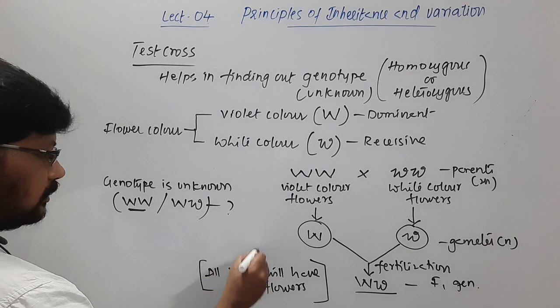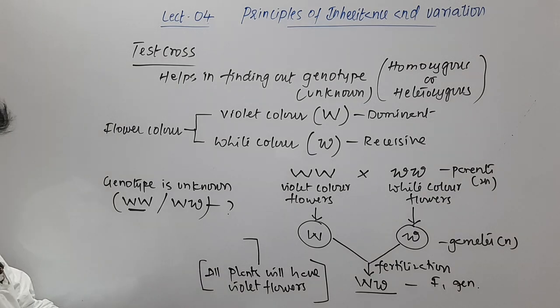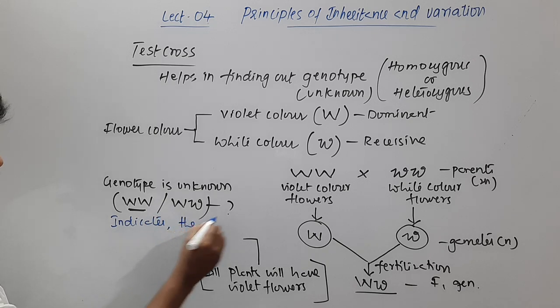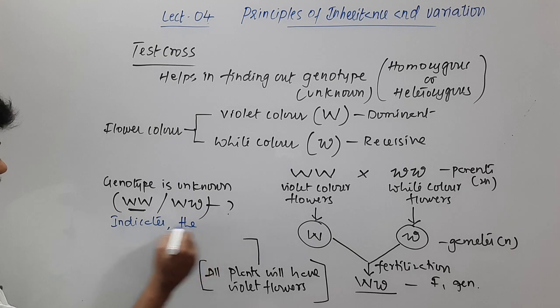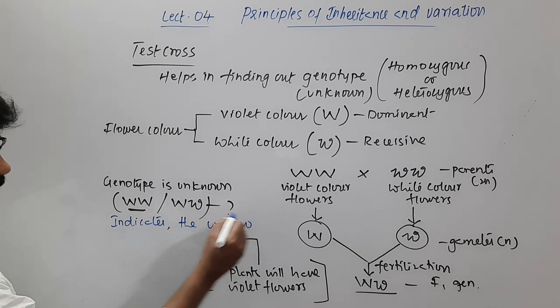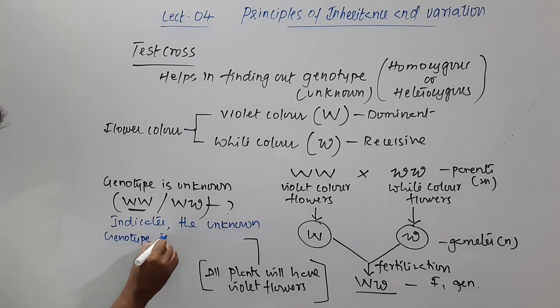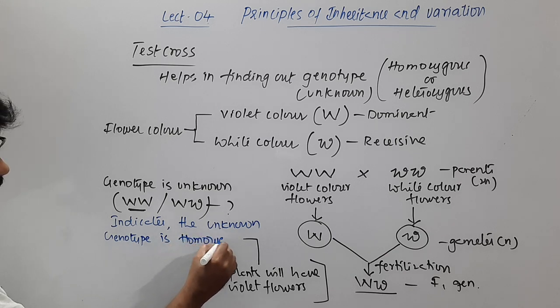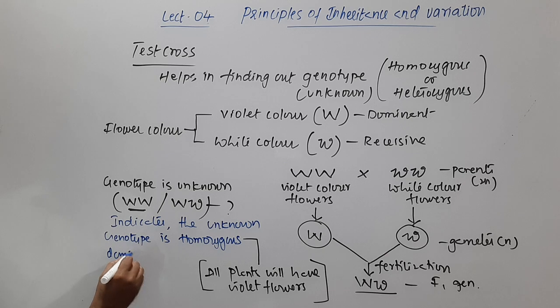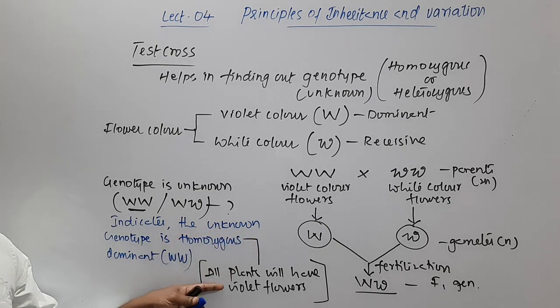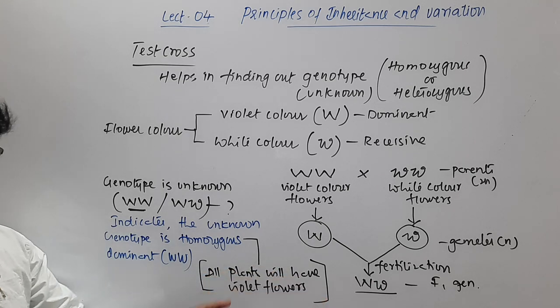So the unknown genotype is homozygous dominant, that will be capital W, capital W. It indicates the unknown genotype is homozygous when we get in the F1 generation all plants with violet colored flowers.